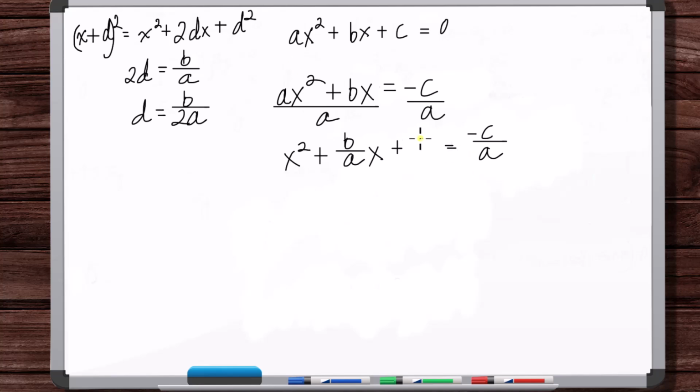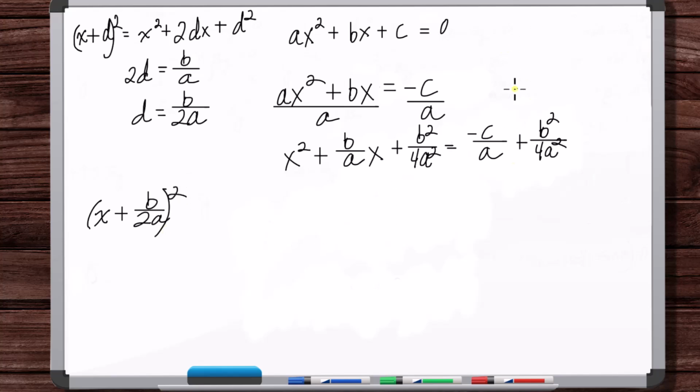So d squared then is b squared over 4a squared. And then we want to add that to both sides. With that, we have a perfect square trinomial, so we can write that as x plus b over 2a squared.